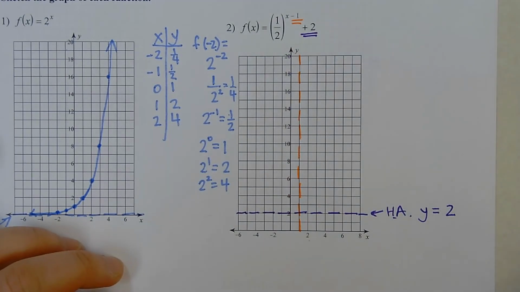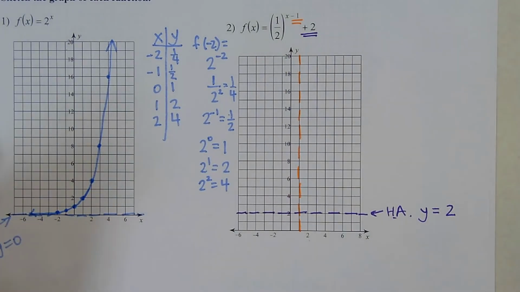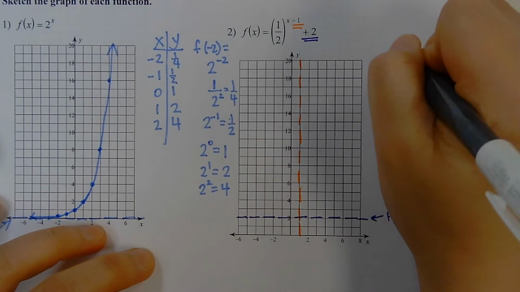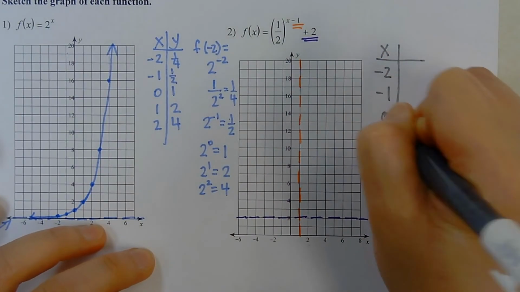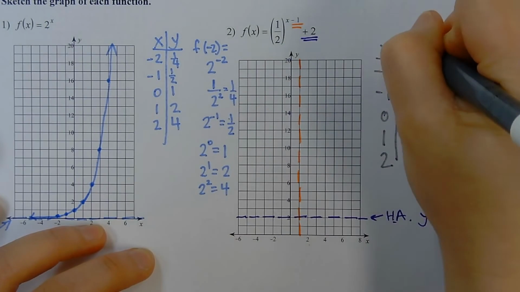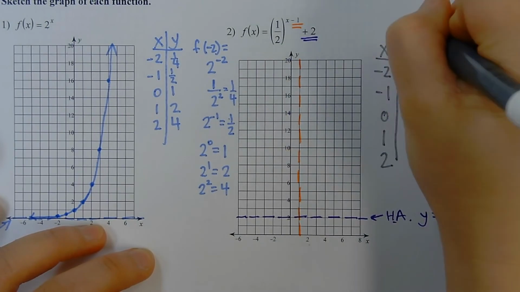Okay, and then let's just do some calculations. So again, we're going to have our table. X: -2, -1, 0, 1, 2, and this is going to be (1/2) to the x power.